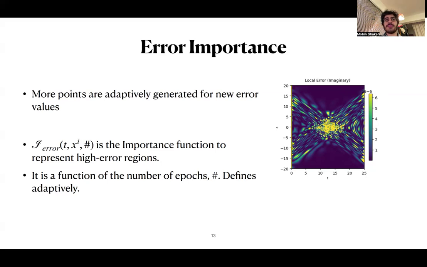If the local error at that spot is higher, the basic idea is that it will generate more training points in those areas. And here, by this hashtag sign, I mean the number of epochs. So this is the adaptive part, which will change as the training goes on.